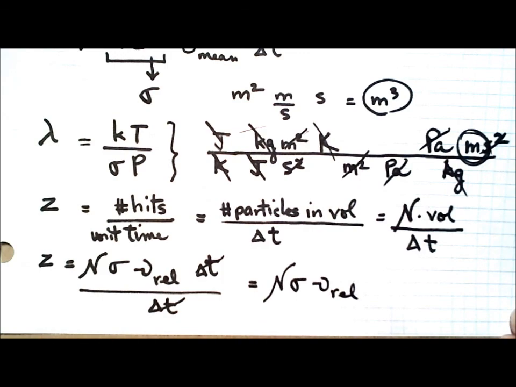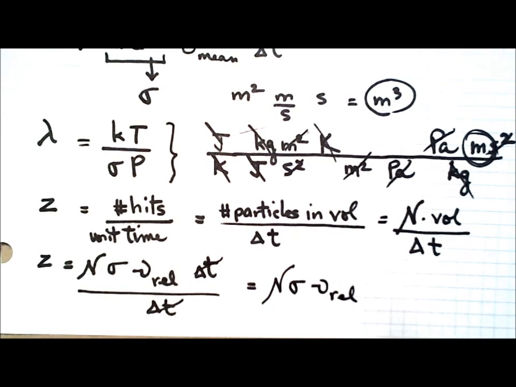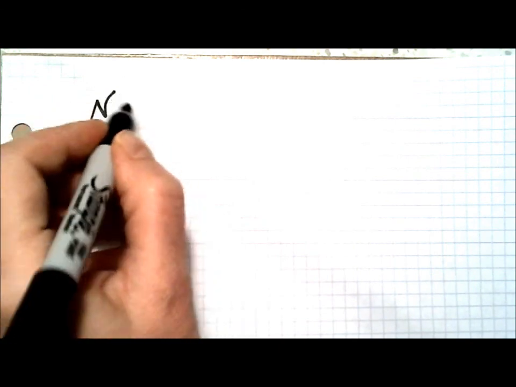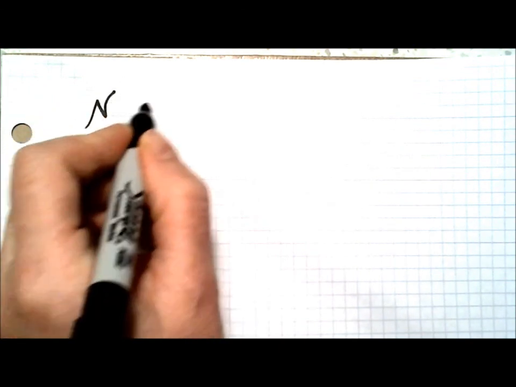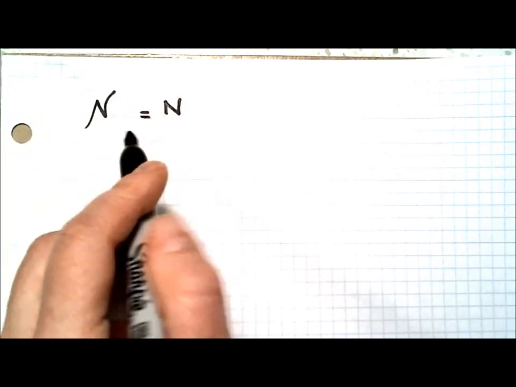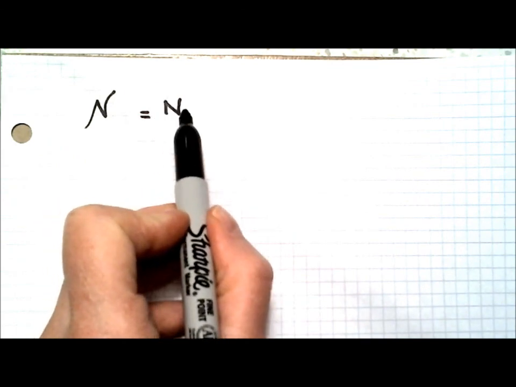And let me just grab another sheet of paper to show you how I can state that a little differently. A little aside here: what is that number density? That number density, as we said, is equal to the total number of particles. See how my n is just a capital N?